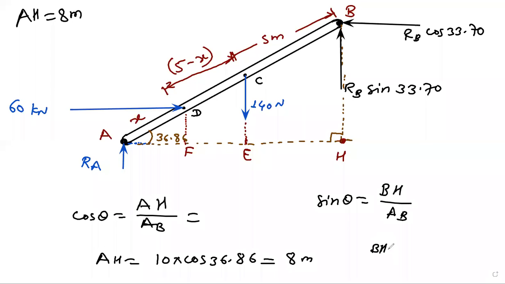So BH is equal to AB, which is 10, into sine of 36.86. Yes, BH is equal to 5.99, that is 6 meter.